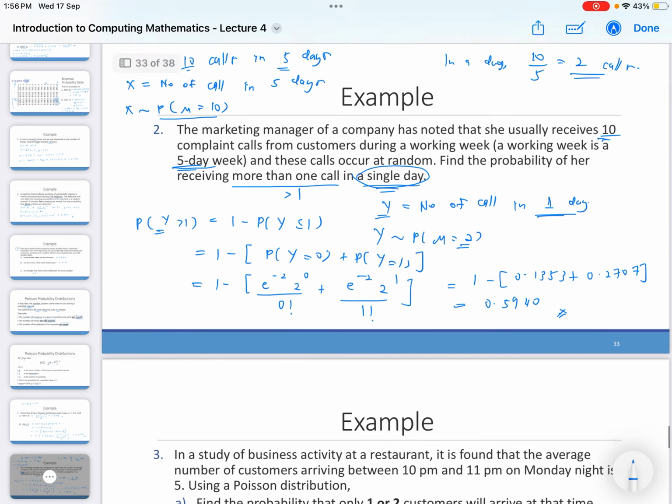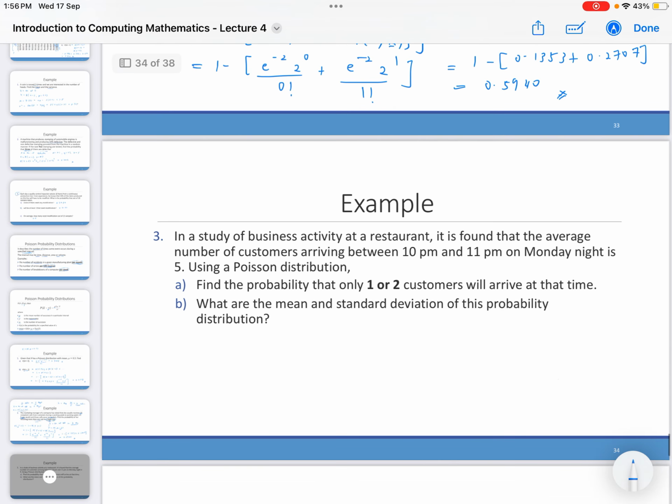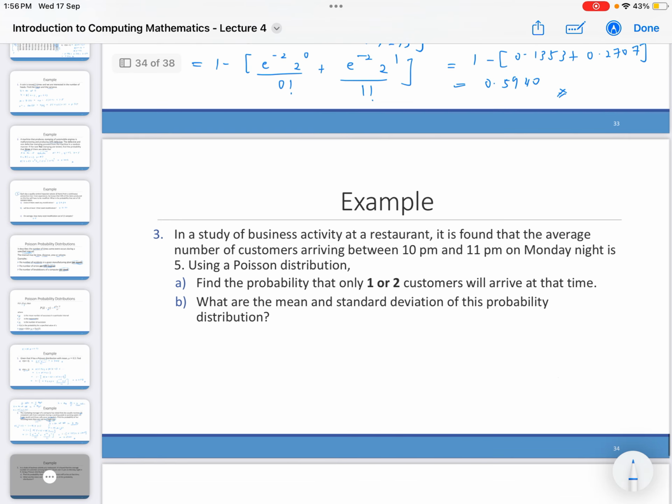So let's look at another example. In a study of business activity at a restaurant, it is found that the average number of customers arriving between 10 to 11 p.m. on Monday night, which is the interval, is 5.